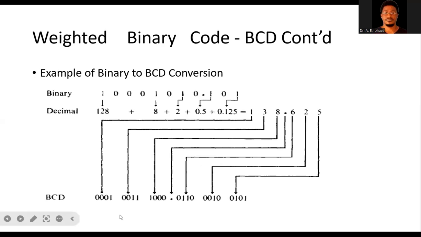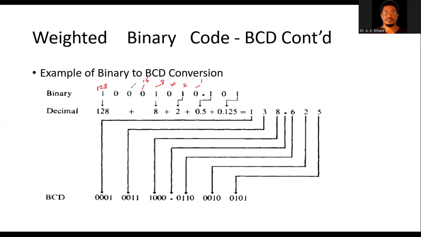Just like I mentioned, this is the 8-bit position. So we know each bit has a weight. This has a weight of 128. This has a weight of 1. This has a weight of 2, 4. This has a weight of 8.